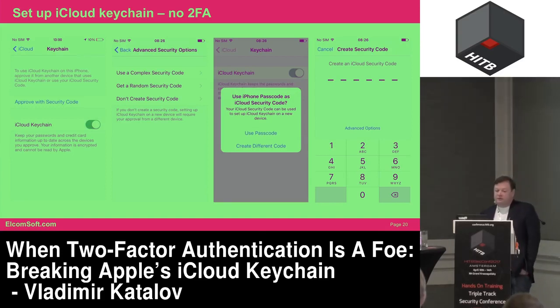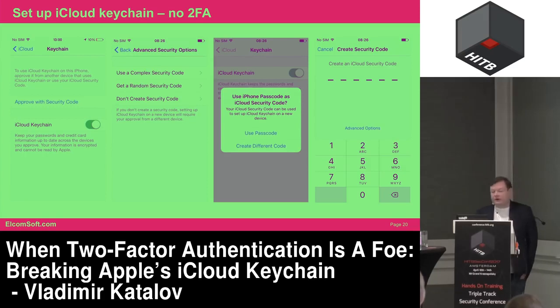But the profit of using the security code is not only that you can set it up on the other device without the approval, but also that if you set the security code, then the iCloud keychain is uploaded to the so-called Apple Escrow service and stored in the iCloud.